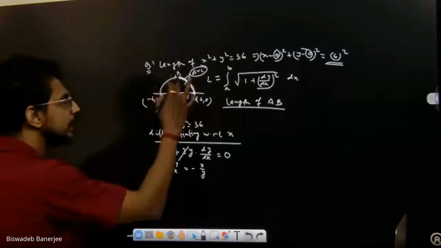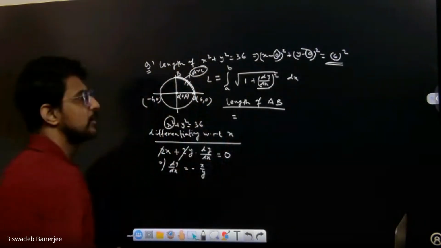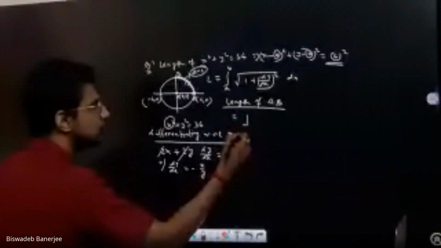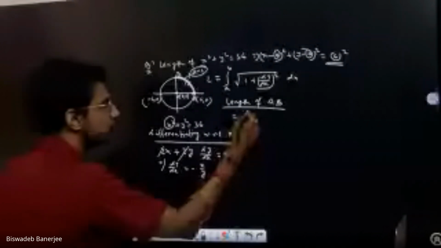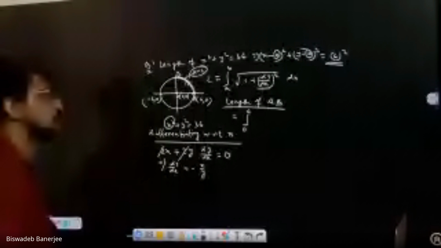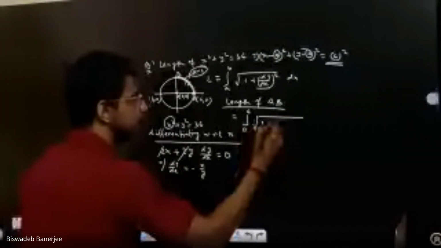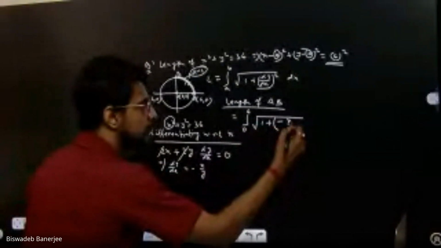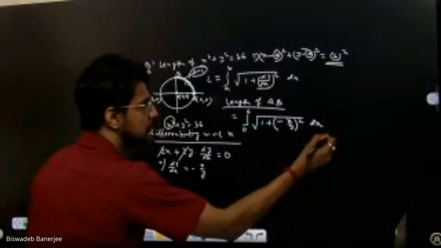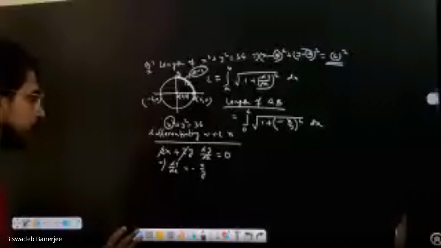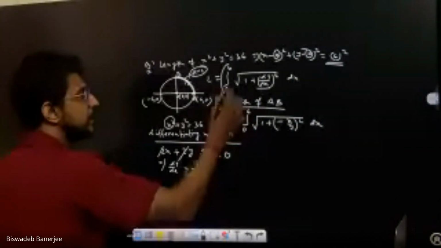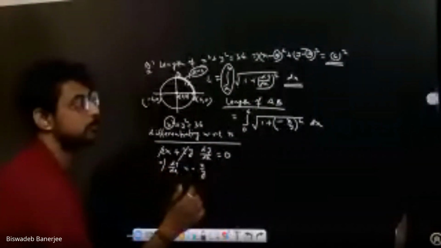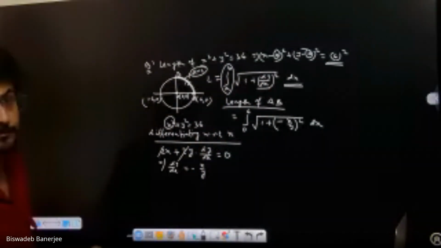See that in AB, now it's very important, my x varies between 0 to 6. Then it is root over 1 plus my dy by dx, which is minus of x by y, whole square dx. My range of x is between a to b.